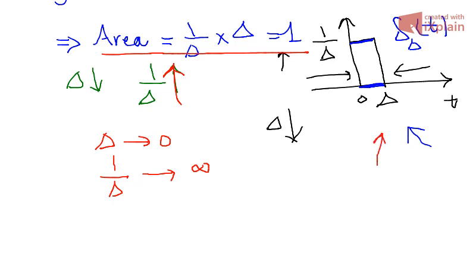So if we can generate a pulse with a very short duration, such that its duration approaches 0 while maintaining the area of that function as unity, we call it a unit impulse function. That function is represented on the time axis as an arrow.